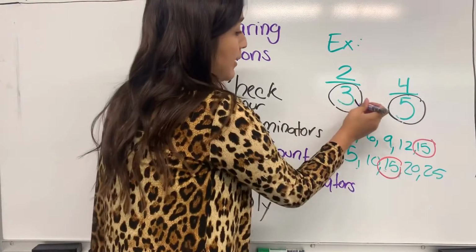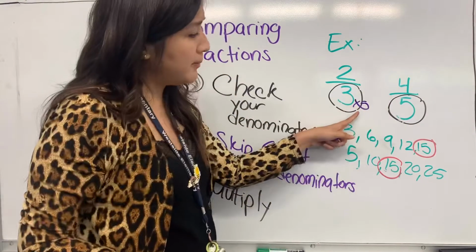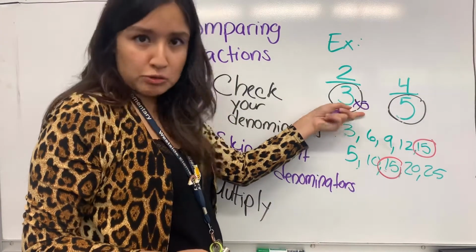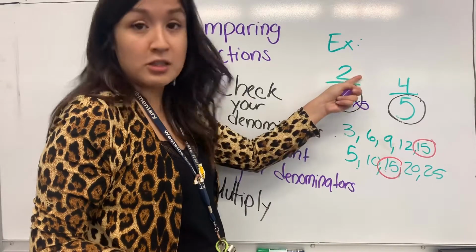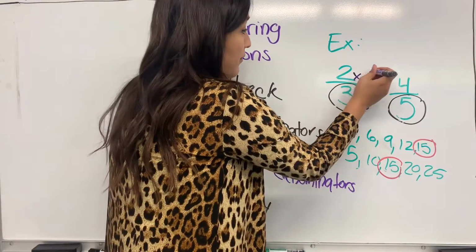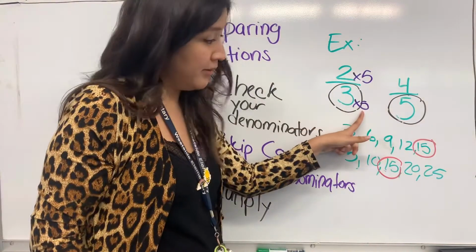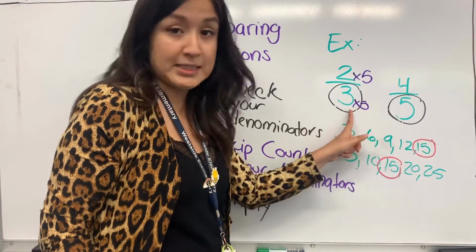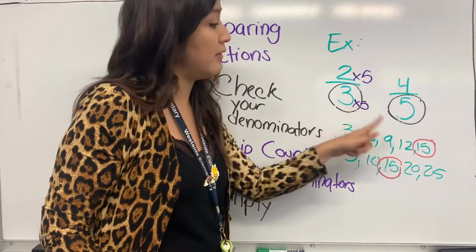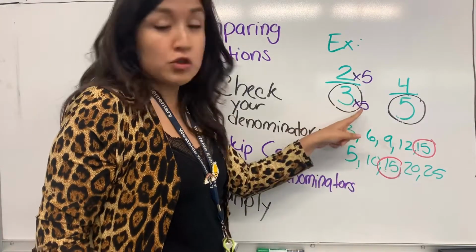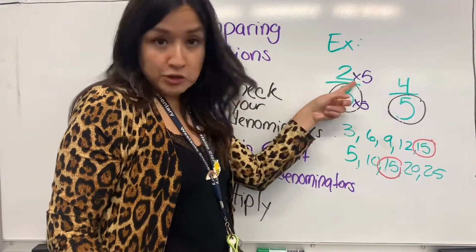So I have to do times 5. But the problem here is I can't just do times 5 on the bottom. I have to do it to the top too. Okay? I had to multiply by 5 because that's how I got 15 for this one. Okay, because 3 times 5 equals 15. If I do times 5 on the bottom, I have to do it to the top.